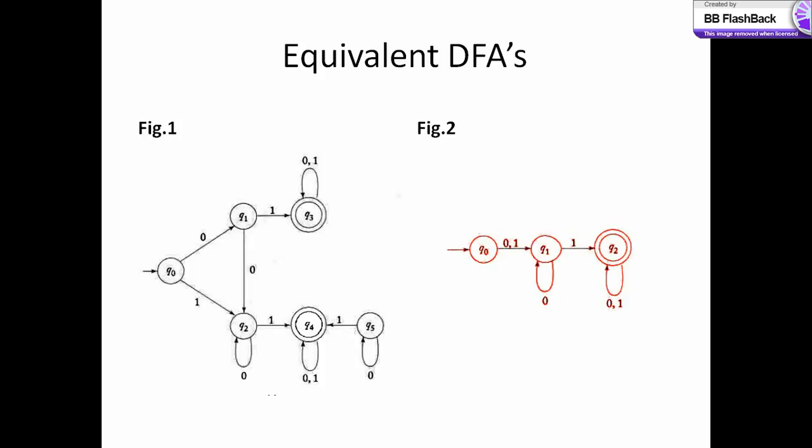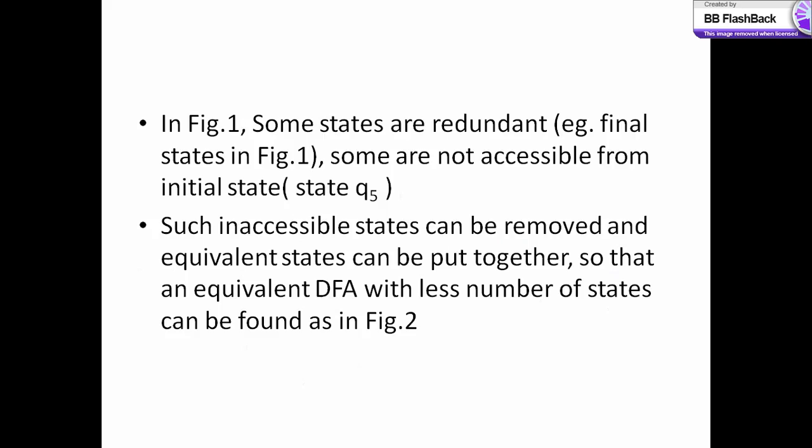And state Q5 is not accessible from the initial state. So, such inaccessible states can be removed from the DFA, and also the equivalent states can be put together so that an equivalent DFA with fewer states can be formed.